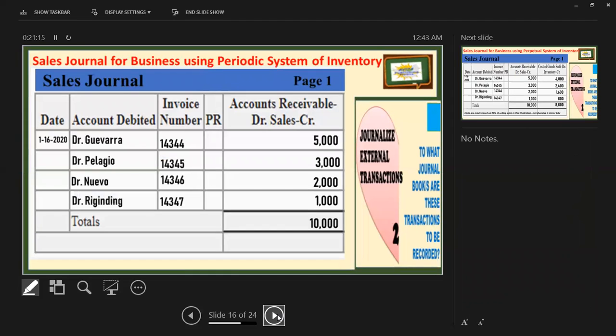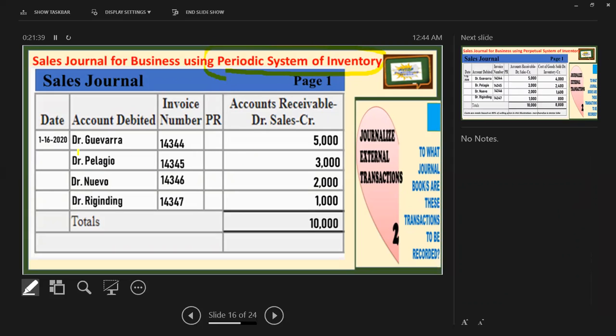So when you use a special journal for these transactions, you will have this kind of appearance in the journal, which is much, much better and simpler. So this is the illustration of sales journal using periodic system of inventory.